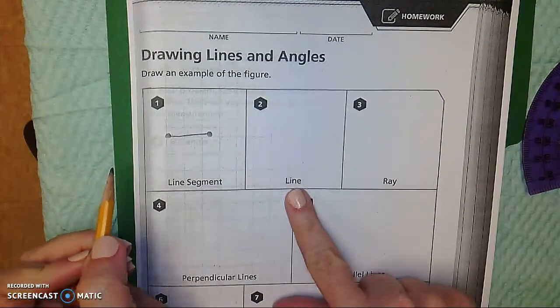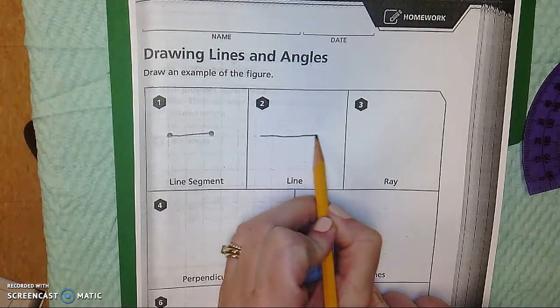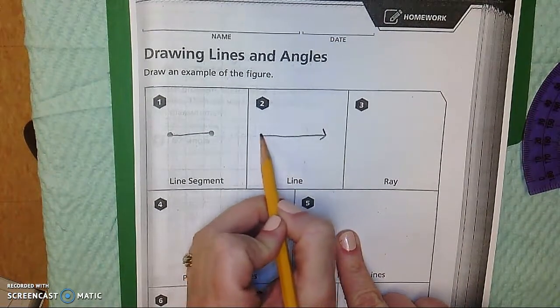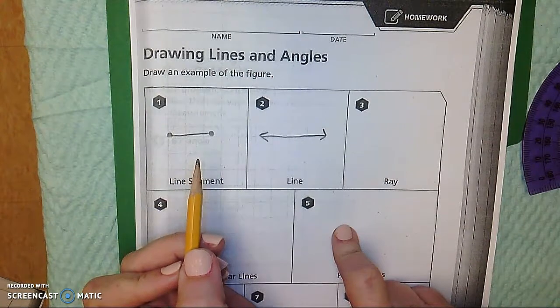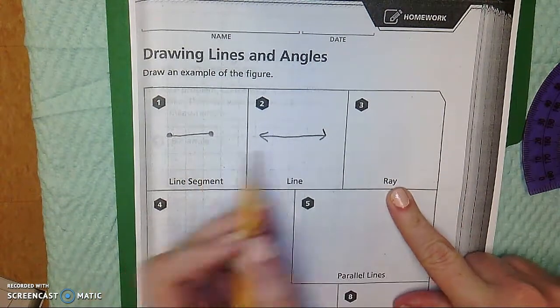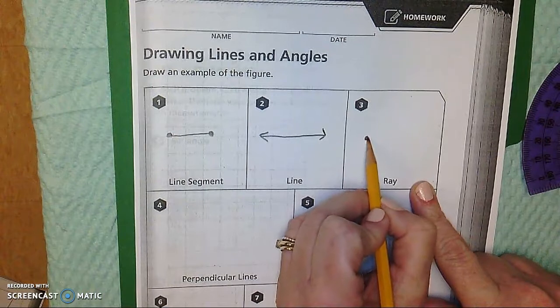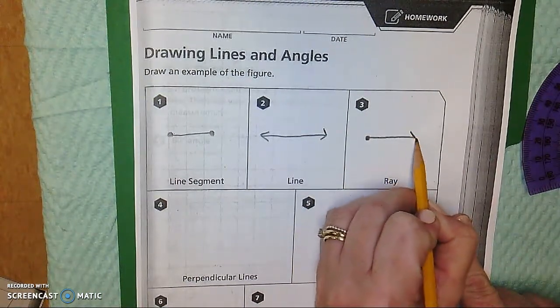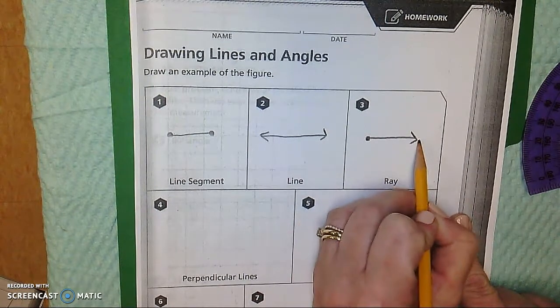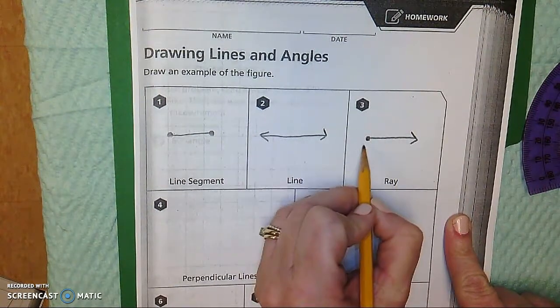Okay? A line has arrows on both ends because it just keeps going and going and going in both directions. A ray has an end point on one side, and on the other side it has an arrow because it keeps going and going on one side, but on the other side it stops.